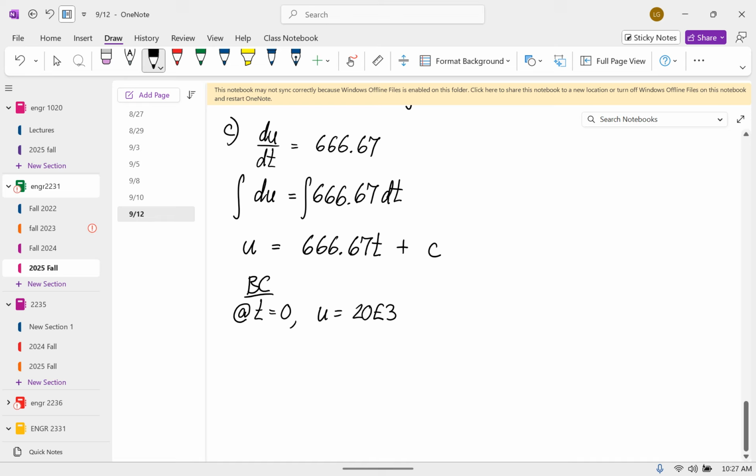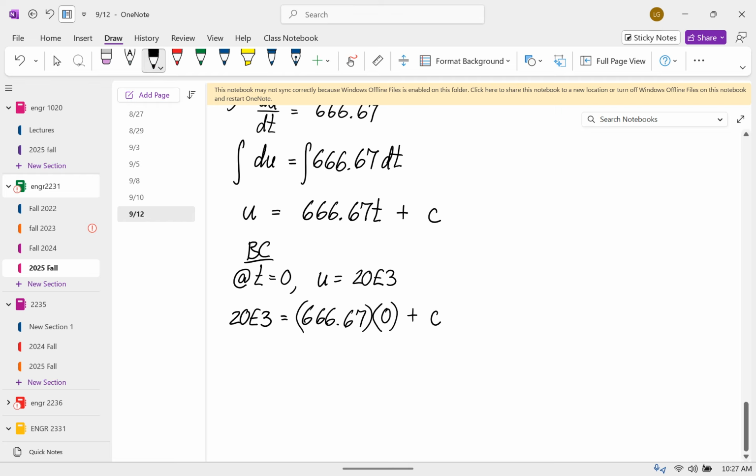So I'm going to plug both of these values into the equation above, and I get 20 times 10 to the third is equal to 666.67 times 0 plus c. That can only hold if c is equal to 20 times 10 to the third. And so now I can update my function.